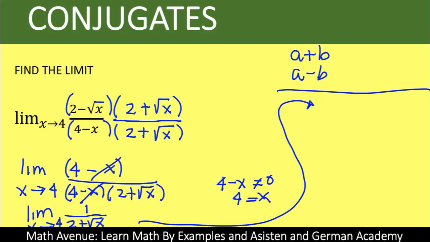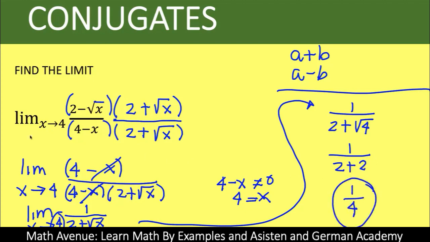By direct substitution now, if we substitute 4 for x, what we have is 1 over 2 plus the square root of 4. And this value is equal to 1 over 2 plus the principal square root of 4, which is 2. So what we have is 1 over 4. So the limit of this function is 1 over 4.